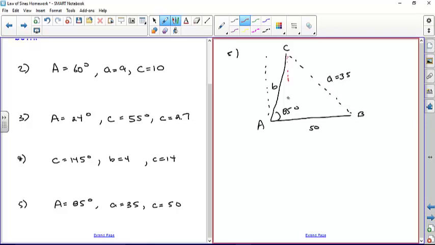So the way you do that is you would calculate this height. Could you calculate the height that direction or not? I'm not sure if you could, because we don't. I think you'd have to orient this triangle differently.